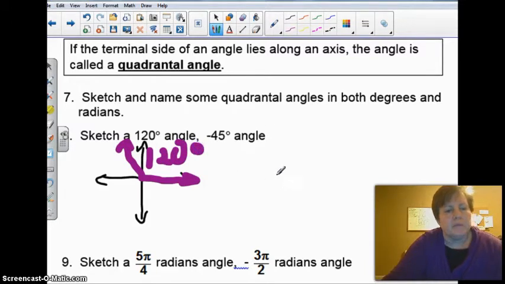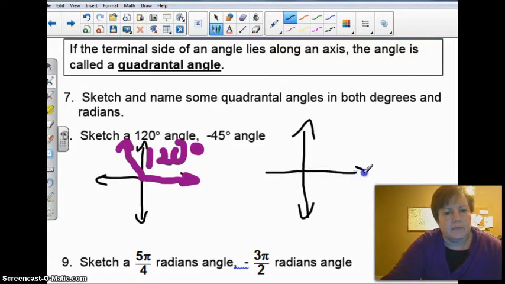Okay, so then we have negative 45 degrees. So again, in black, we have our axes. Okay, now negative 45 degrees, remember negative goes clockwise.